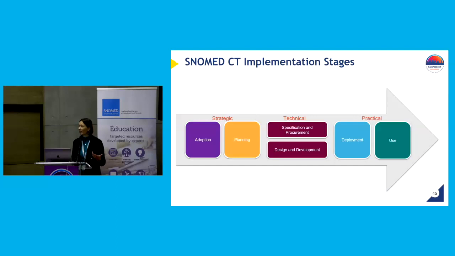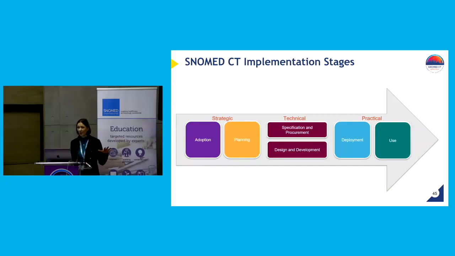And then you're looking at the more practical stages of an implementation, which is the actual deployment of the system, but also then the use. You want to always keep an eye on what's happening with your implementation, getting feedback from users and making any improvements from any recommendations that they've made.